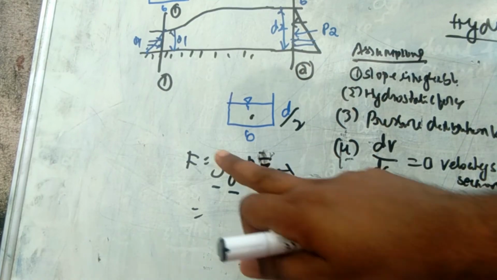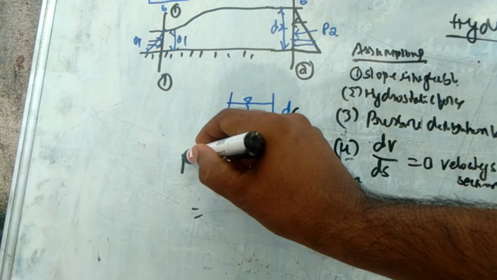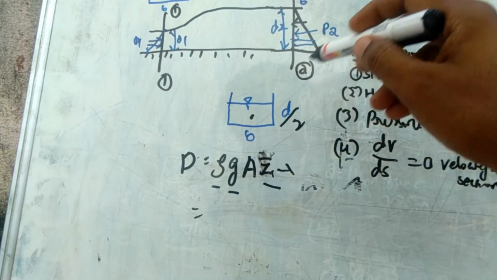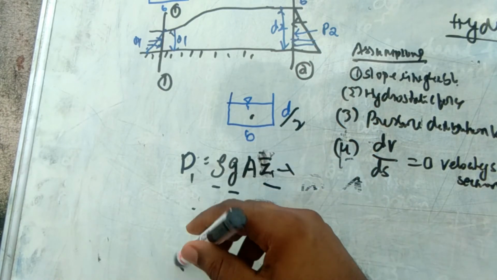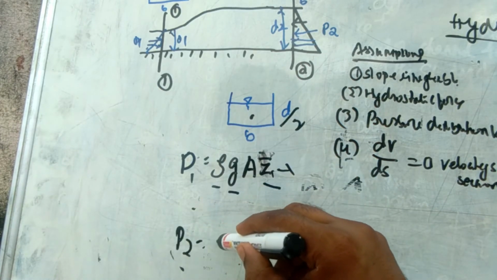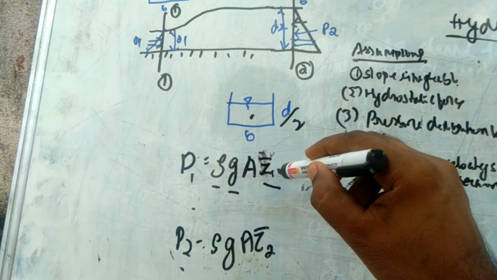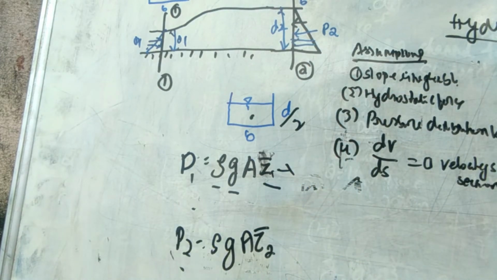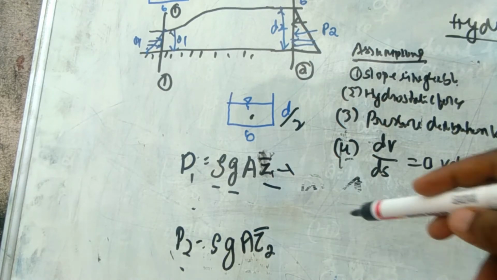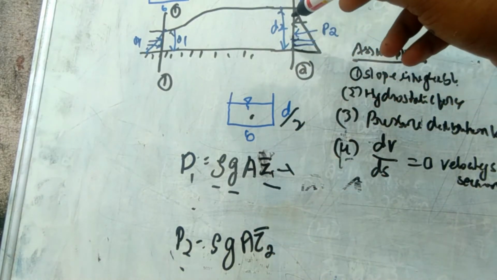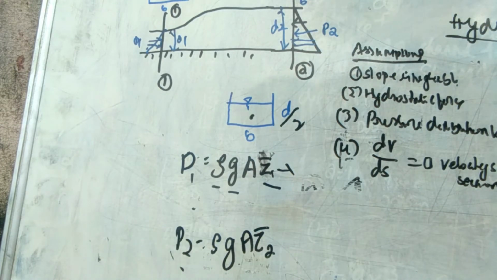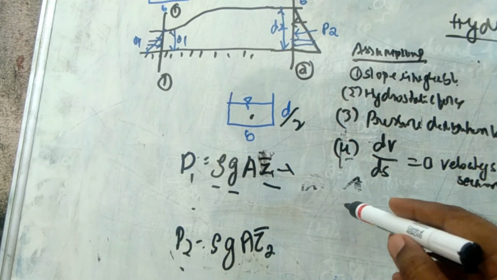Here I am not considering this pressure, I am considering P as the pressure force, and this is P2, and this one is P1 and another one is P2. P2 is equal to rho g A z2 bar, and this one is z1 bar. So that we can consider. And at d2, P2 is more, because the height d2 is more, that is the reason P2 is more. So the net force acting on the fluid mass between two sections.